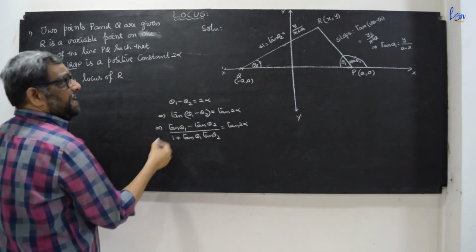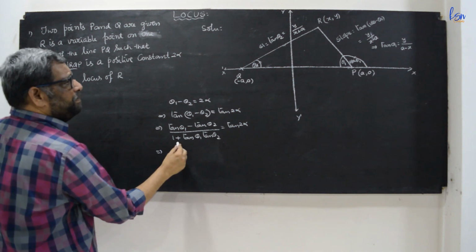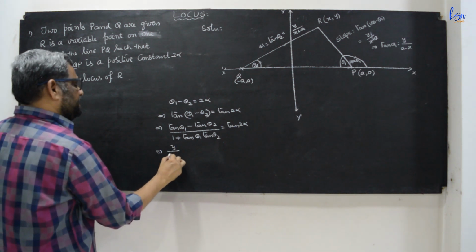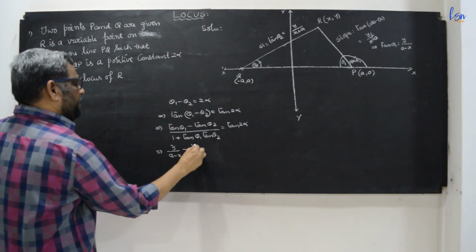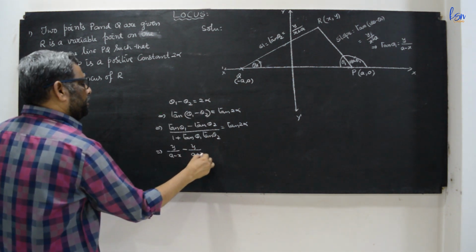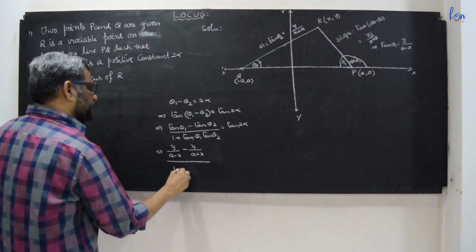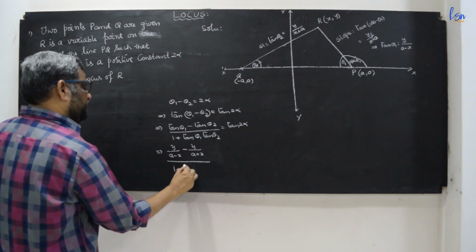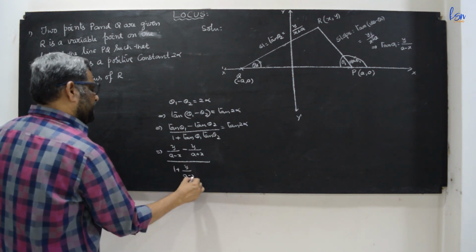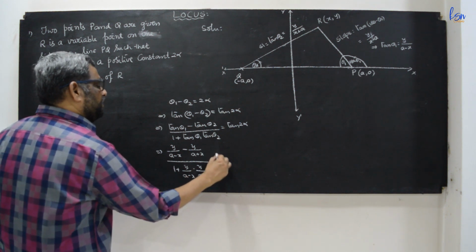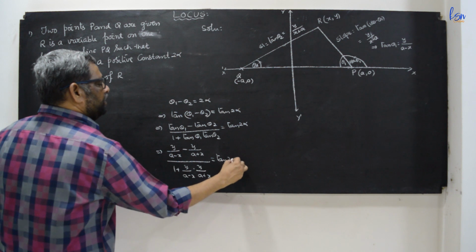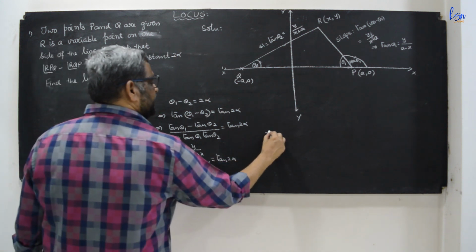Substituting here, y by a minus x minus y by a plus x, by 1 plus y by a minus x into y by a plus x, is equal to tan 2 alpha. We can simplify it.